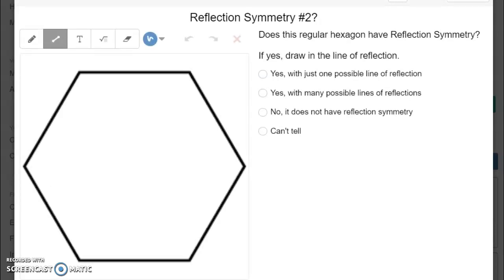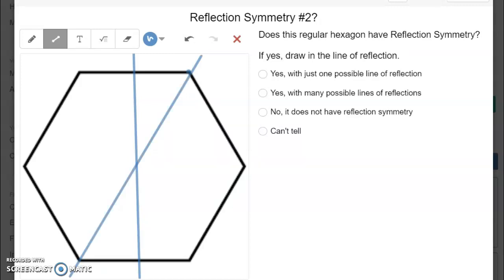Okay, does this regular hexagon have a line of symmetry, reflection symmetry? Well, can you fold this in such a way it matches up exactly? Yeah, there are many different ways. If I fold it from up and down, the left-hand side and the right-hand side are an exact mirror of each other. Okay, if I folded it from here through these vertices, the left-hand side and right-hand side are an exact match.